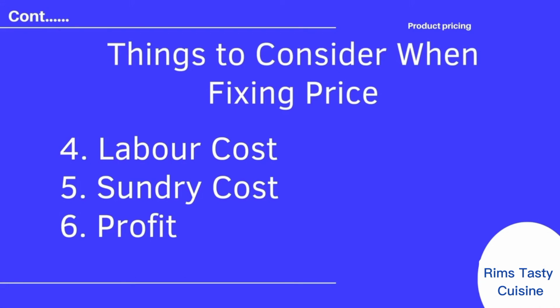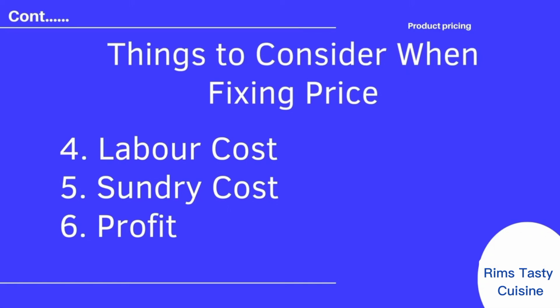So for instance, your total cost is what you get when you add up the direct cost, the indirect cost, the labor, and the sundry cost. Let's say, for instance, you're making a box of 6 donuts. You have calculated everything, the indirect cost, the labor cost, and the sundry cost, and you have, let's say, 700 naira.